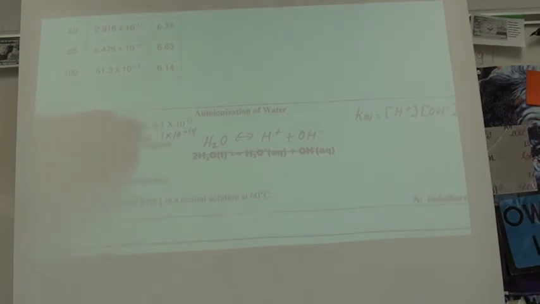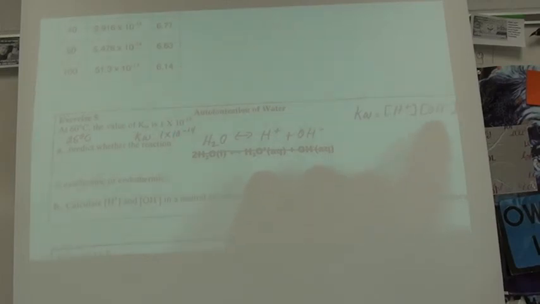We did this in general equilibrium by looking to see, is the numerator going to get bigger or is the denominator going to get bigger? In this case, we just have the numerator, yes? So, let's look at these two values. Which is a bigger number? 1 times 10 to the negative 13 or 1 times 10 to the negative 14? The first one is bigger. So this is a big number, this is the small number.